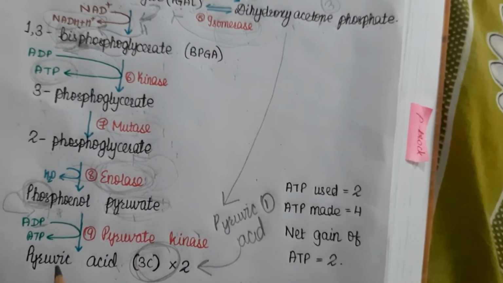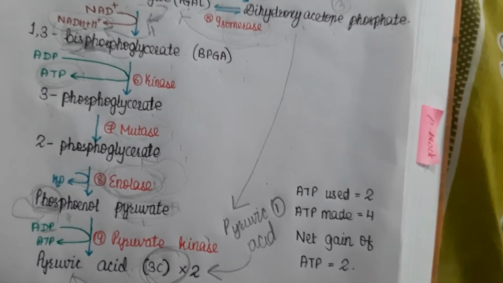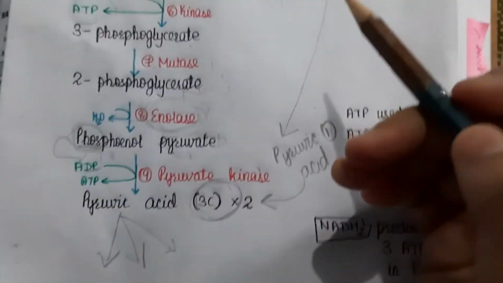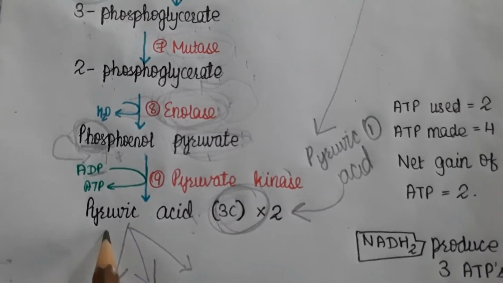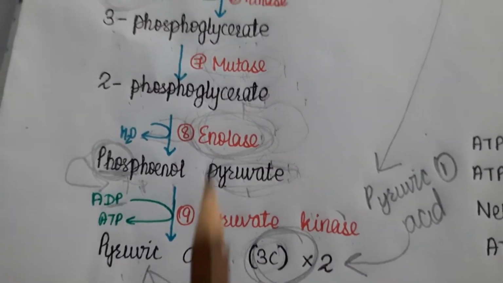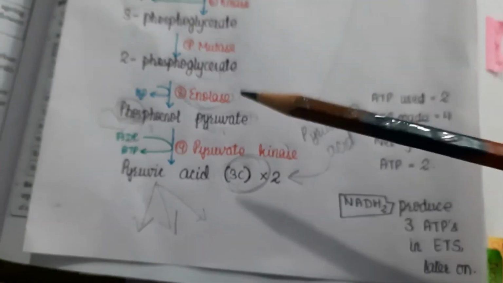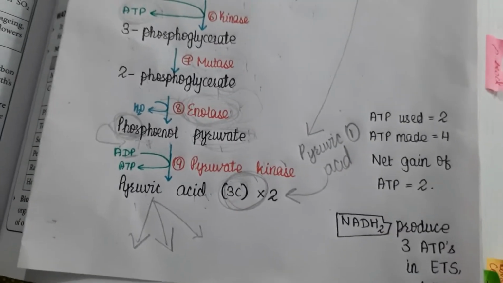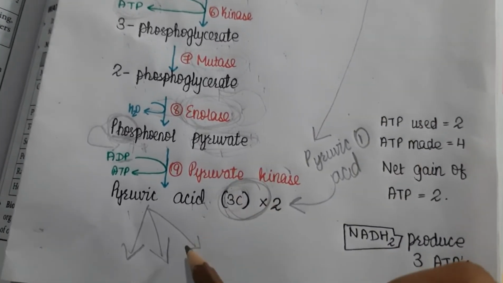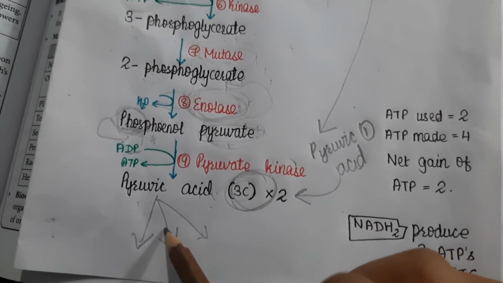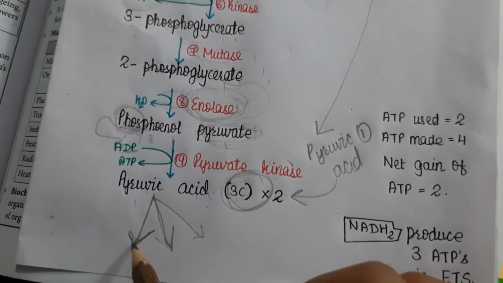Now what will happen to this pyruvic acid? As we said earlier, glycolysis is only the partial oxidation, which means that all of the energy required for carrying out the normal processes in the body is not enough from the glycolysis process alone.